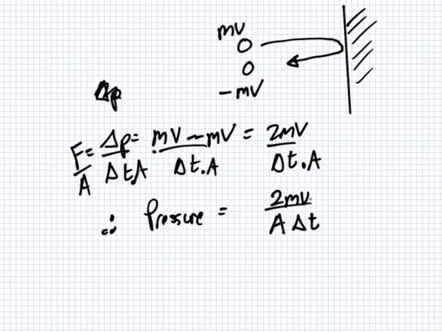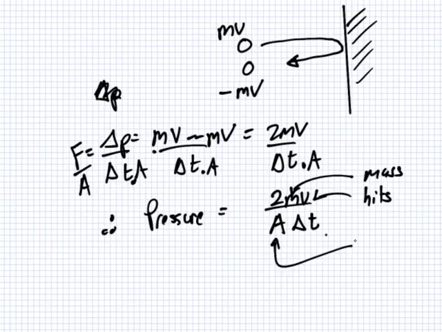So the pressure is caused by the mass of the molecule and how fast it hits the wall, and also the area of the wall and the time. Now you could explain this in a paragraph, but I prefer to explain things like this.